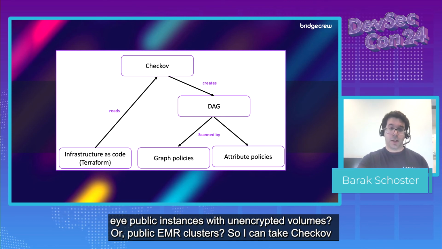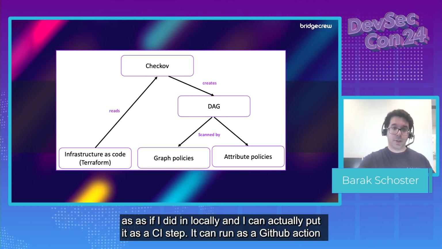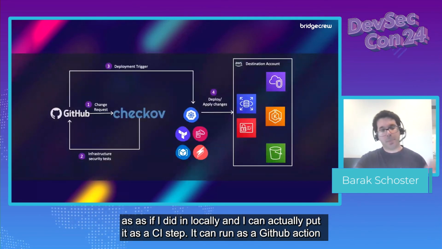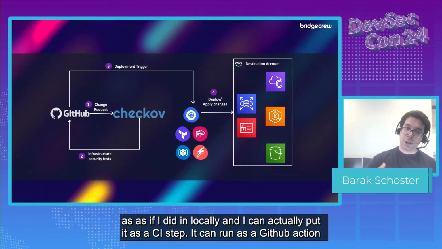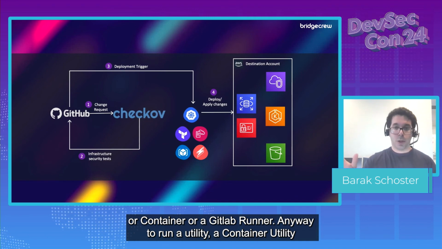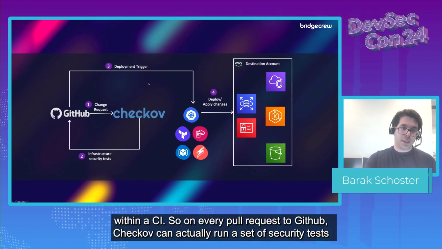So I can take Checkov as if I did it locally, and I can actually put it as a CI step. It can run as a GitHub action, a container, or a GitLab runner. Any way to run a container utility within a CI.